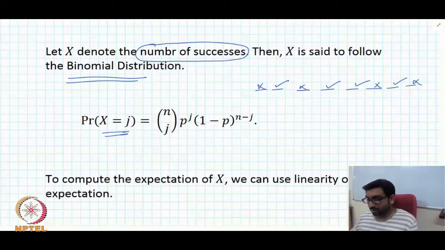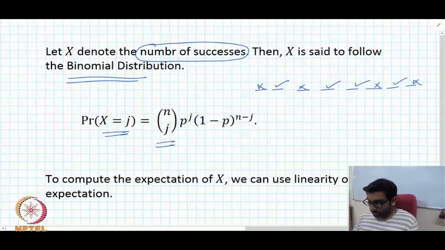And how many ways can you actually choose J locations within the n trials? That's n choose J. And now that you've specified that these are the success locations, we have to work out the probability.